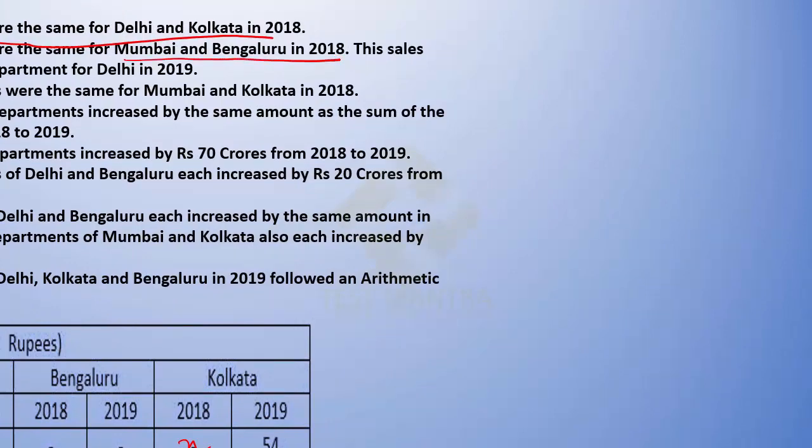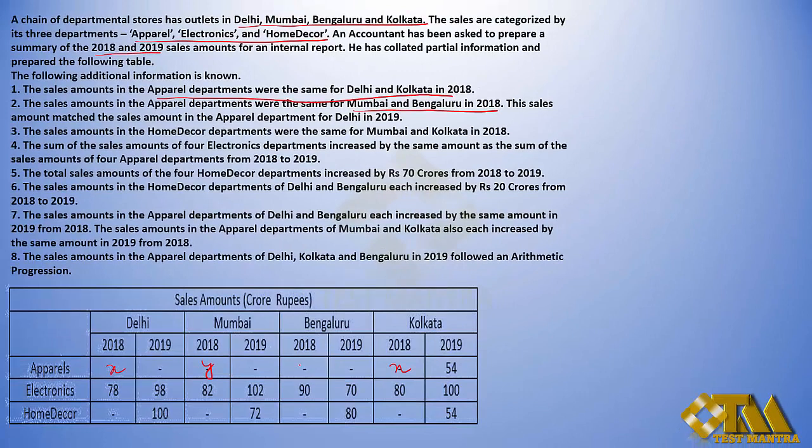So let's consider this is Y and Y. This sale amount matched the sale amount of the apparel department for Delhi in 2019. So this value is nothing but Y. I cannot plot anything, but I can at least mark these informations here.